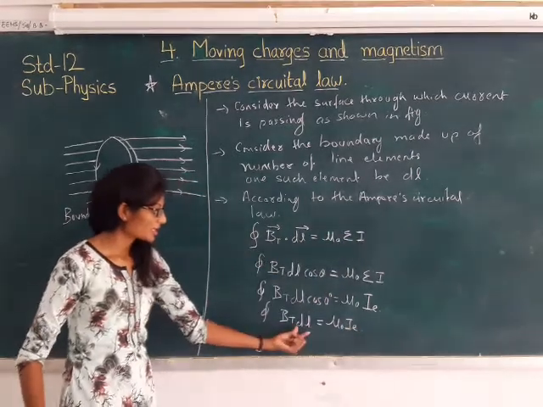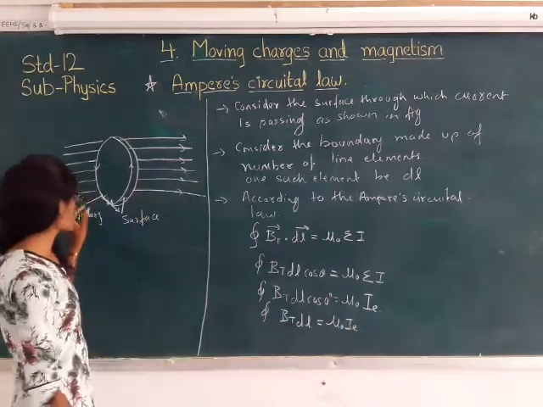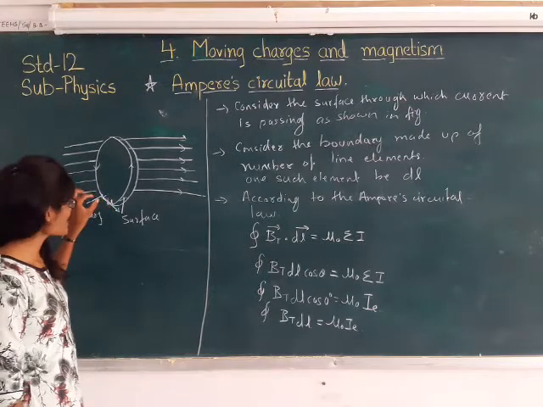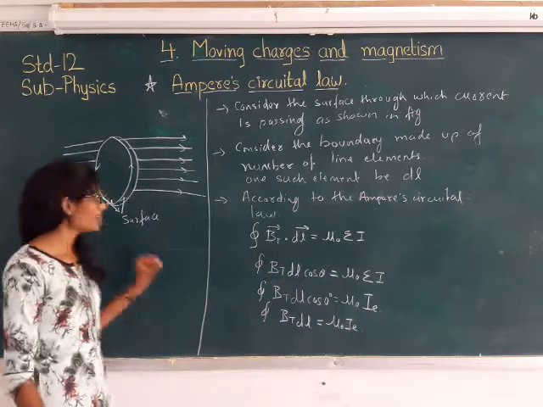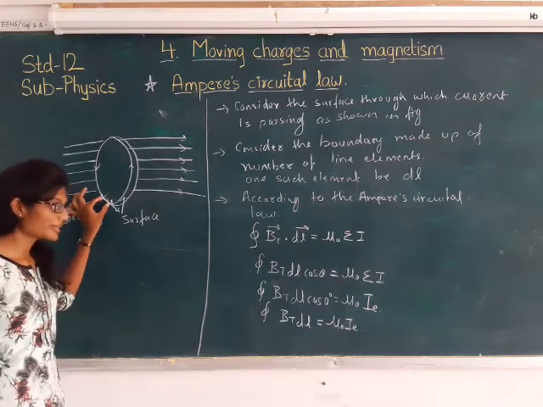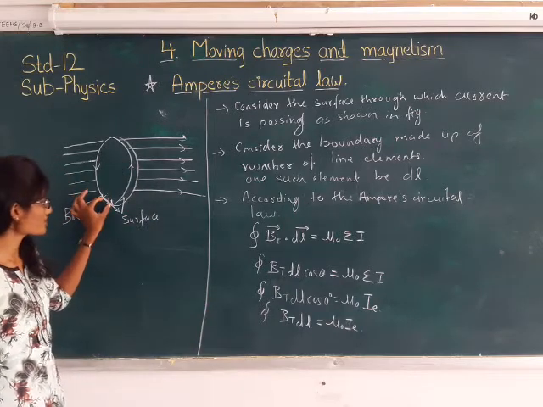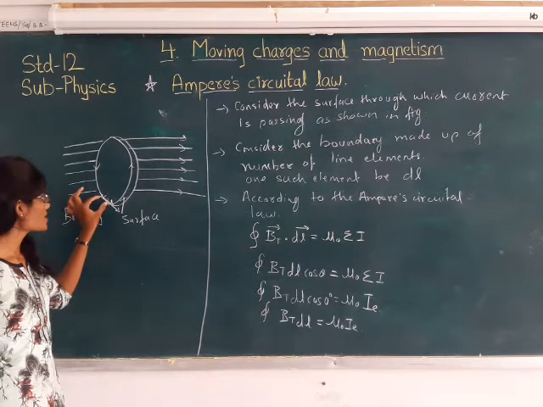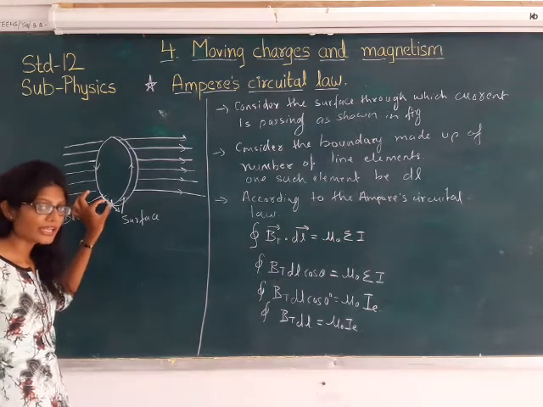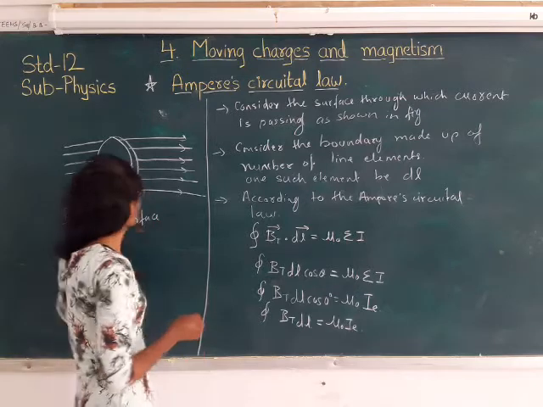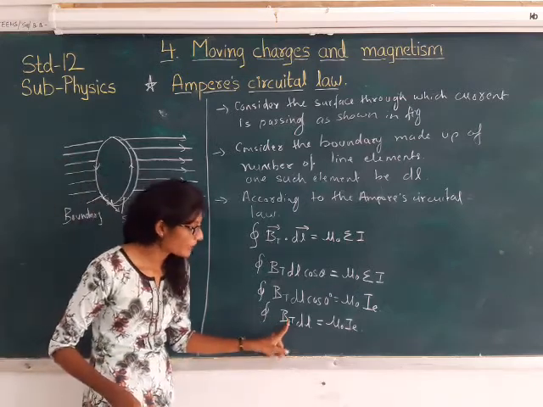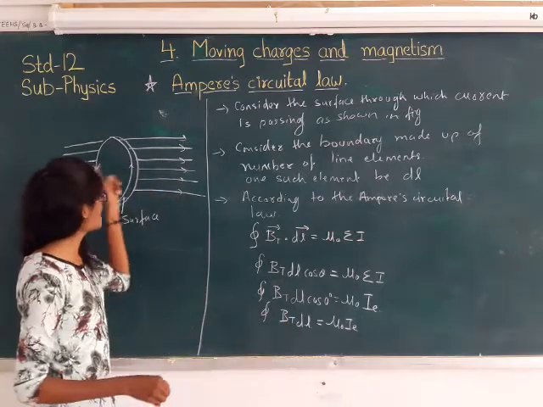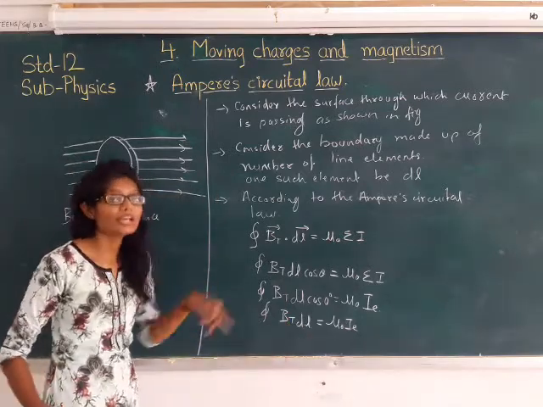Now see, this dl is taken as the small element, but instead of the small element, here we are going to integrate. We are going to integrate the small element and its product with the magnetic field over here. So to get the whole line integration, we need to take the whole magnetic field over the line integration as well as the whole length.